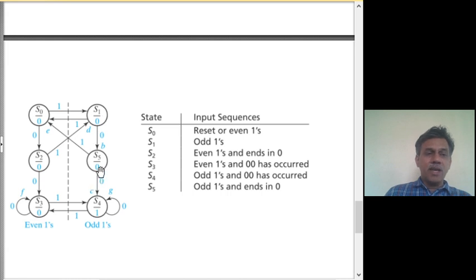Similarly, if you are in S5 looking for 2 consecutive zeros, but unfortunately a 0 is followed by a 1, again you should start looking for 2 consecutive zeros, but don't go to S1 because this 1 will flip from the odd side to the even side, so you go to S0. Okay.